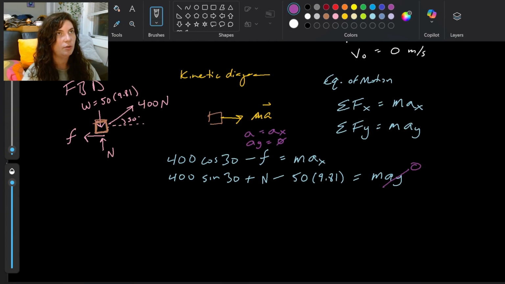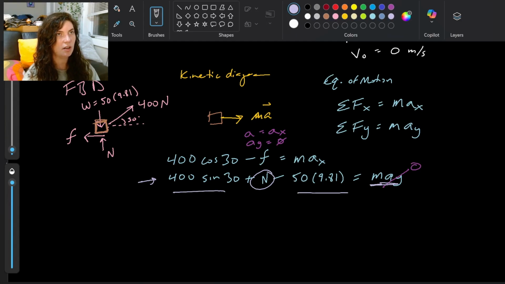So now that I know in my Fy equation that this side equals 0, I can actually solve for N. He's the only variable that's unknown now. I know what the mass is. It's 50. It doesn't matter because this side goes to 0. And I know my components here.